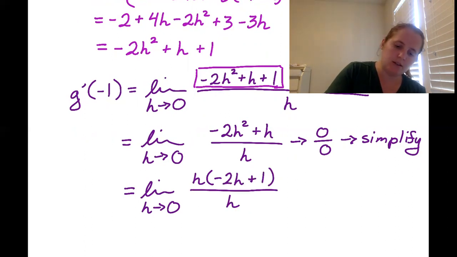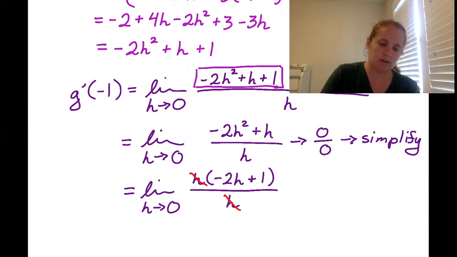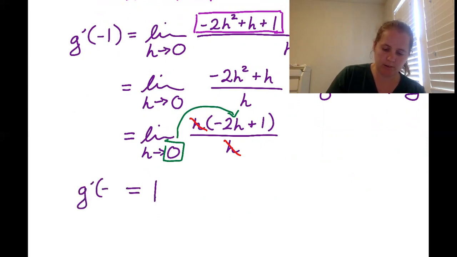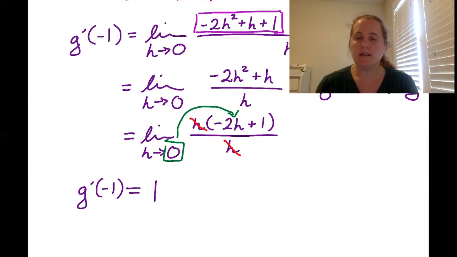We're dividing by h, and we can cancel the h we factored out. We can plug in our 0, and we wind up simply getting 1 as our final result. So g prime of negative 1 is equal to 1. So this is finding the derivative at a point. And what we are doing is we are simply taking the limit of the difference quotient.